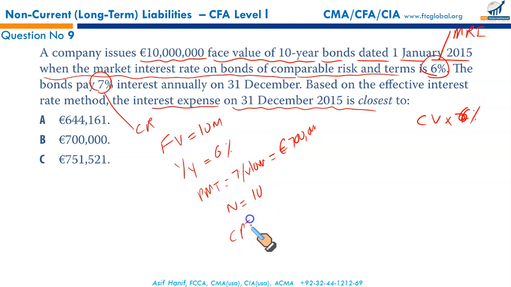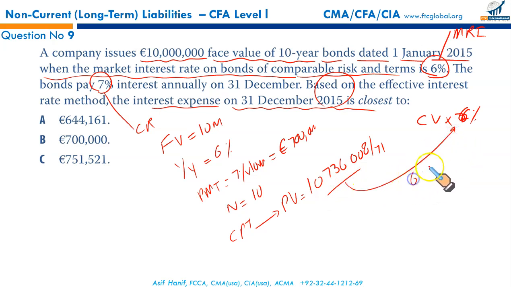This will give you the cash proceeds against the issue of the bond. That's 10,736,008.71. Since we are talking about the interest expense for the first year, you're simply multiplying the carrying value with 6%. This will give you 644,160.52, which is approximately.